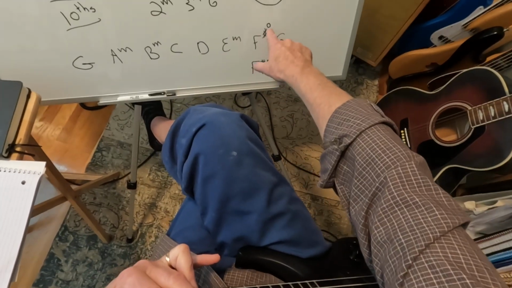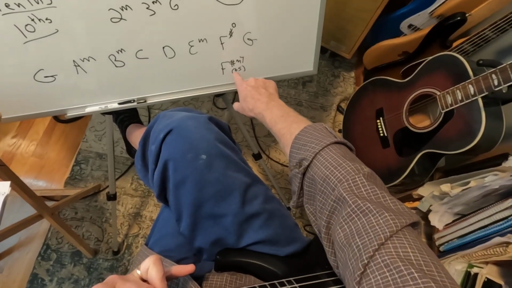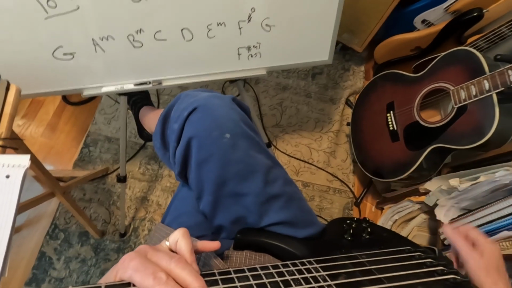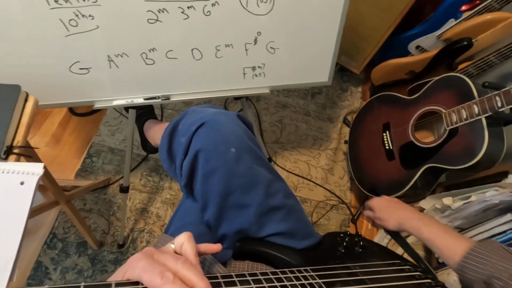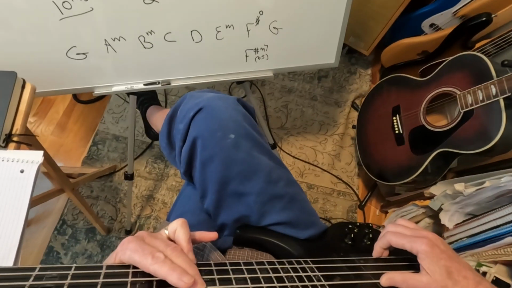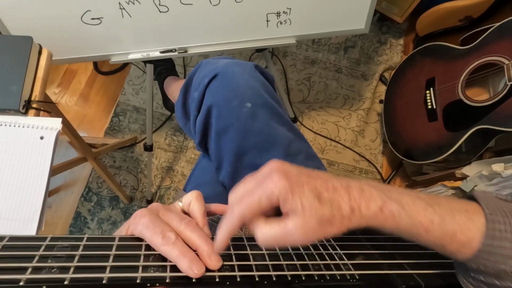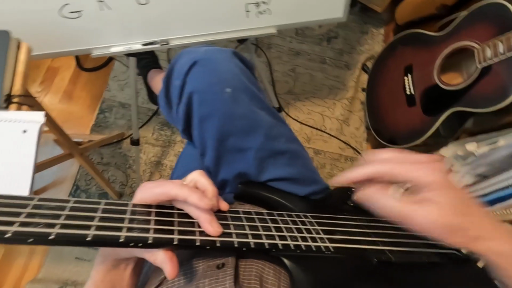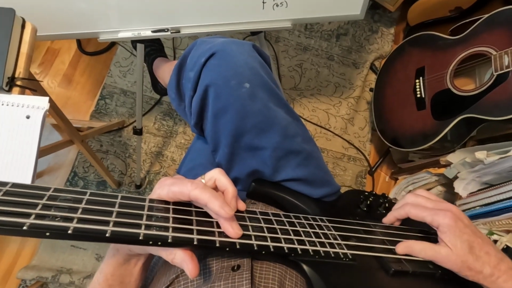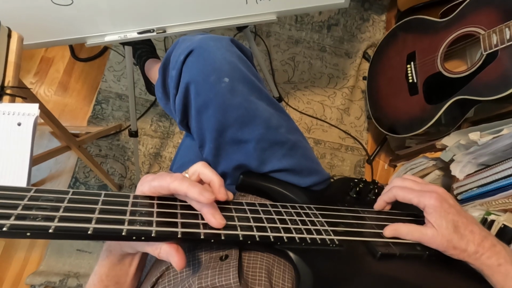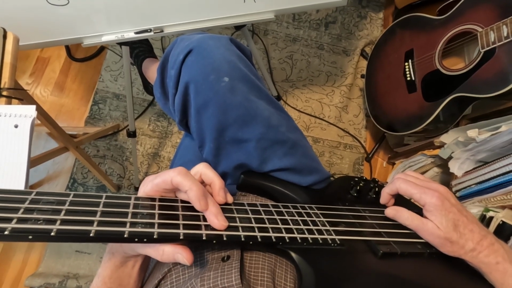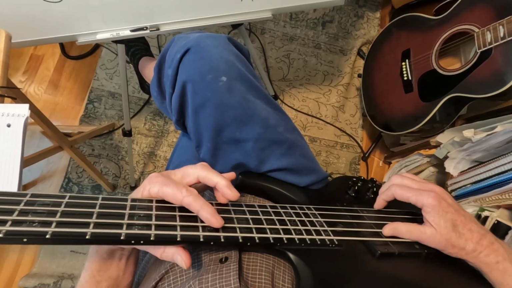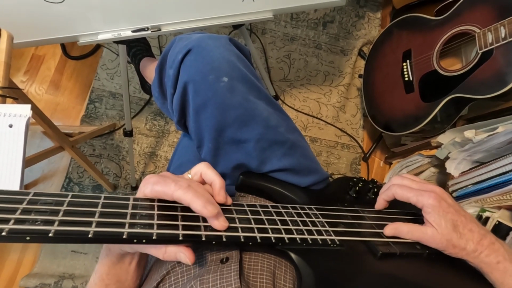The chord is a diminished chord, and the chord is designated as a minor 7 flat 5, as opposed to a full diminished, but that's not important for this lesson. All we need to know is the 7th scale degree is a minor 10th. And then back to the 1 again, a major. You can finger it with 2 and 3, or 2 and 4, or 1 and 3, or whatever you feel more comfortable with.